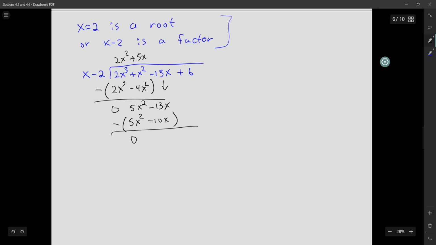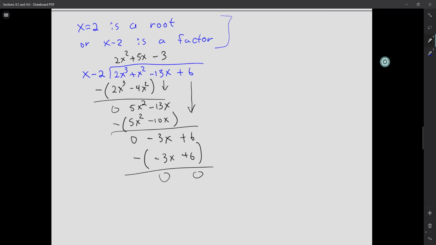So we get 0 here. Minus 13 minus minus 10. So minus 13 plus 10 is minus 3x. I can pull this down, plus 6. Now if I want a minus 3x out of x, I need to multiply by minus 3, so that's there. And what I end up subtracting is minus 3x plus 6. And I have a remainder of 0, just like I should. So we wanted to factor my original polynomial.